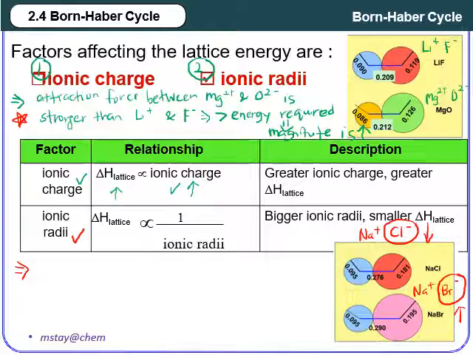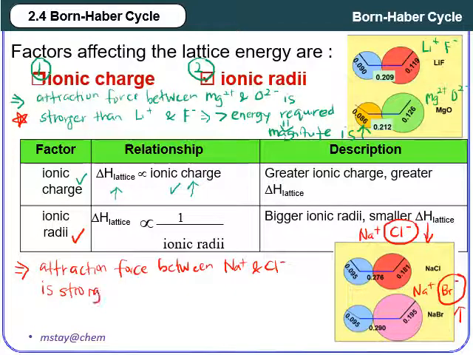Again, we are going to use the term attraction force. The attraction force between Na plus and Cl negative is stronger. The smaller the size, the easier to attract, so it's stronger than Na plus and Br negative.